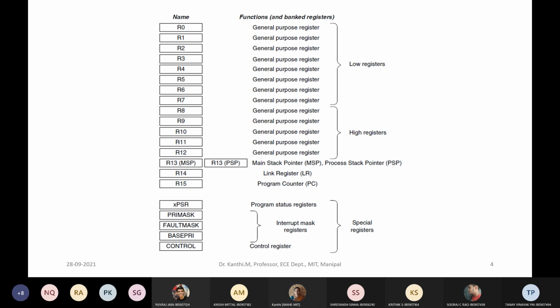R13 is your stack pointer. We have a link register and program counter. In the special registers, we have the program status registers, various interrupt mask registers, and the control registers.